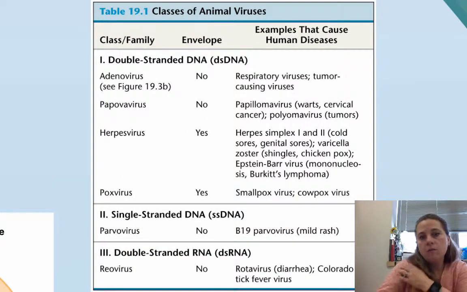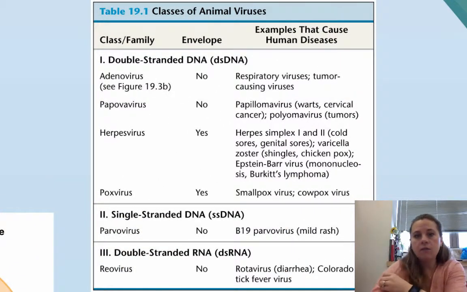So here are some classes that we can have. You have various types of viruses. You get double-stranded DNA viruses, adenoviruses. Those are normally respiratory type viruses. Papillomavirus. These are warts, cervical cancers. So when you hear about HPV vaccines, that's that one.